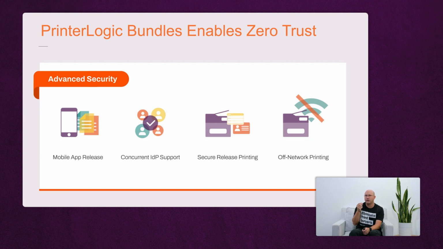are really important. As we talked about, I talked about off networking, how important that is. I talked about mobile release printing, secure release printing. The one I didn't talk about is concurrent IDP support. And this is really important in your journey too, because oftentimes zero trust implementations are measured in years, so oftentimes an SSO implementation is measured in months.